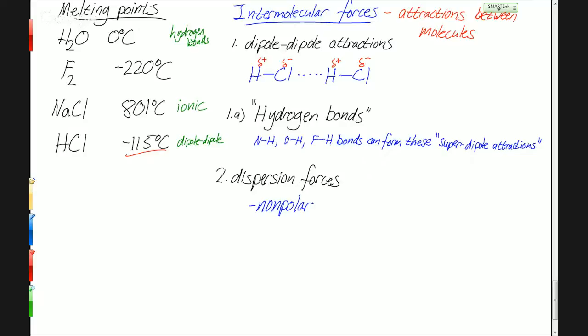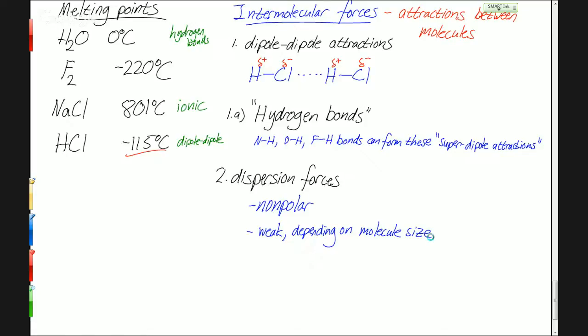And all things, polar and nonpolar, have dispersion forces. Nonpolar molecules don't have anything else, so they only have these dispersion forces to work with. And they're pretty weak. But that weakness depends on the size of the molecule.